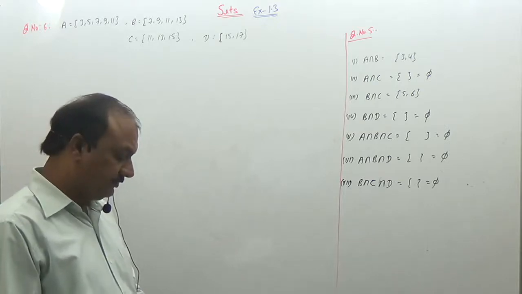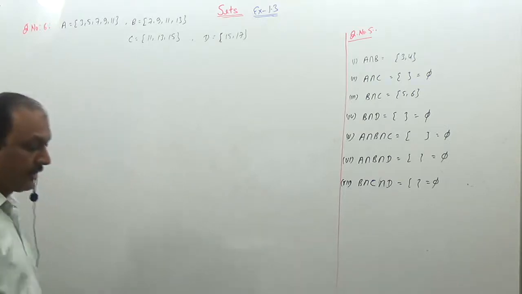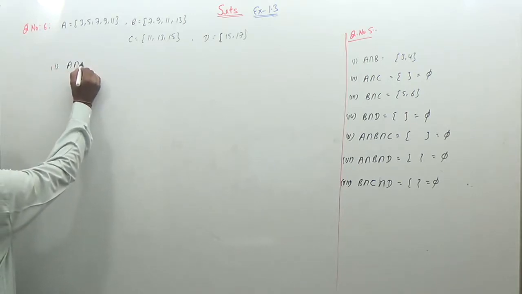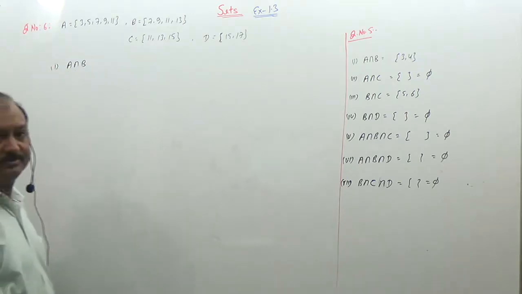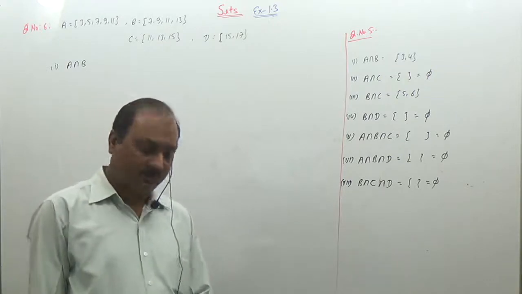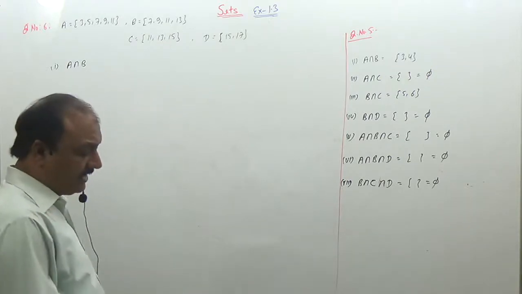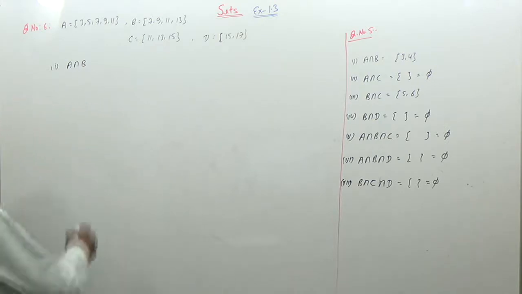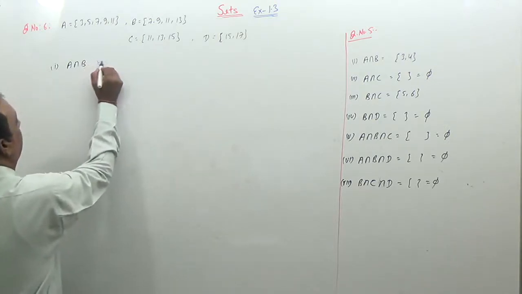First is A intersection B. How many elements in set A and set B belong to both set A and set B, that is, the common elements of A and B?